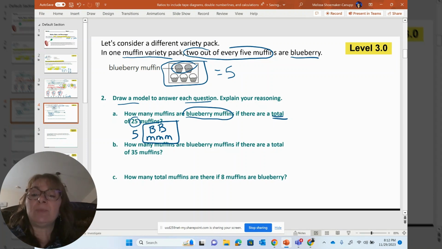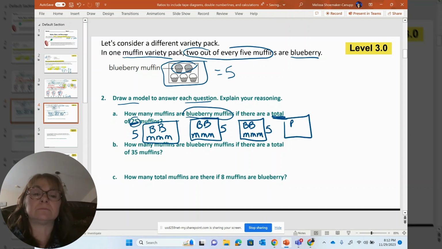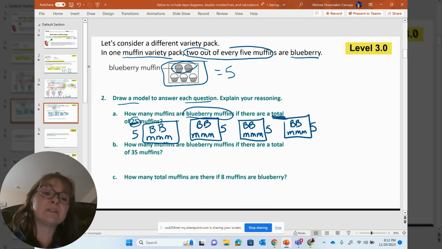So I'm going to keep repeating this until I get to 25 total muffins. There's another 5. Another 5. Another 5. I've lost track. How many 5s is that? 5, 10, 15. I got 20 muffins.